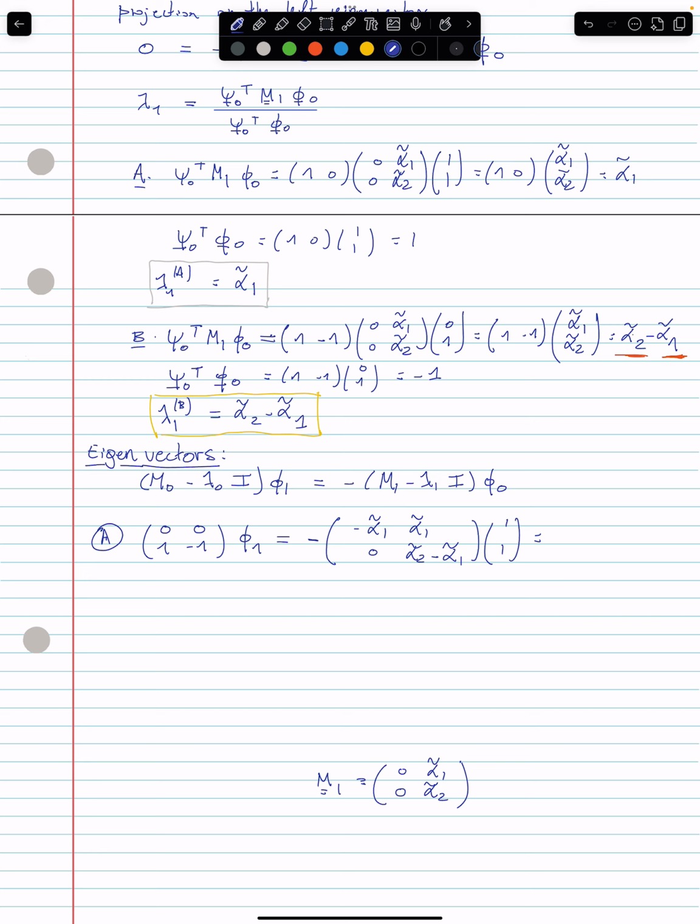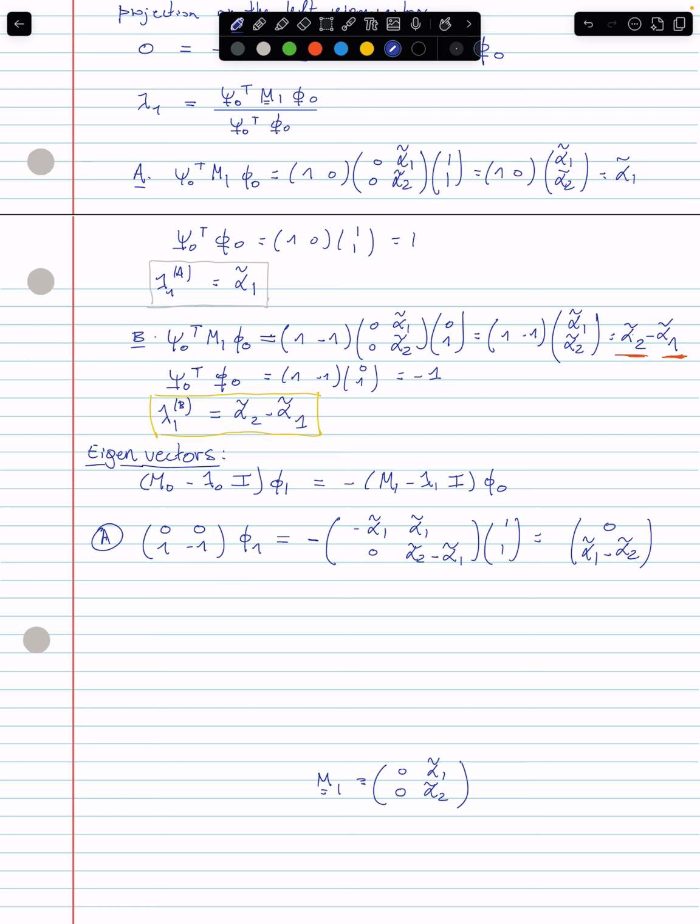So we have minus 0, which is definitely good, because we have 0 on the left, so we should have 0 on the right. If that would not be the case, then we would have had a problem. And then the second line provides alpha 2 minus alpha 1, but I will incorporate the minus sign, so we have alpha 1 minus alpha 2.